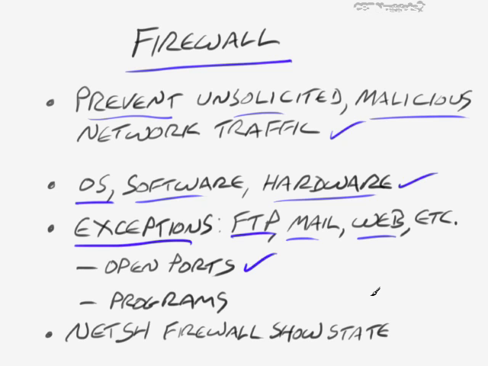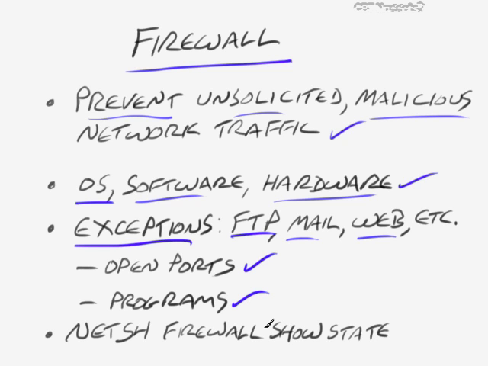Most firewalls block all network traffic except that traffic that you explicitly allow by opening up the ports. Remember, for example, port 20 or 21 for FTP, port 80 for web, 110 for POP3. So those are all examples. And then you can also make exceptions for programs. Now, in reality, if you make an exception for a program using Windows Firewall, it actually opens up ports.